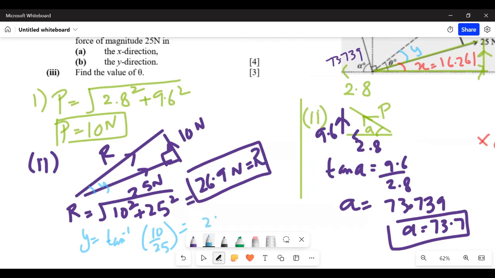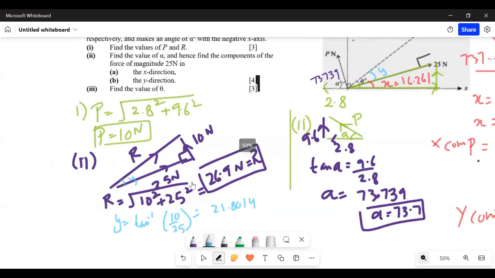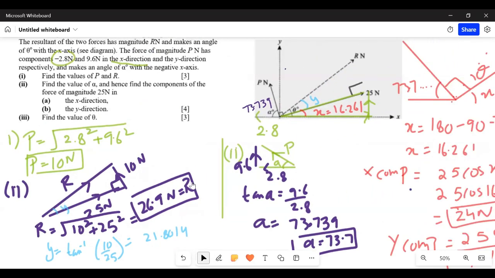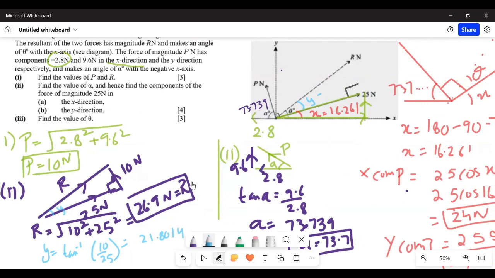That is 21.8014. So the entire theta is going to be the addition of this with 16.261.